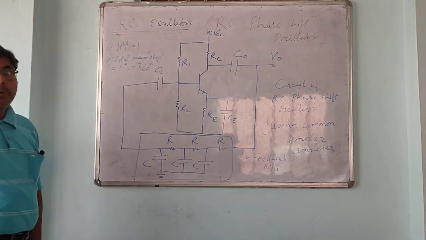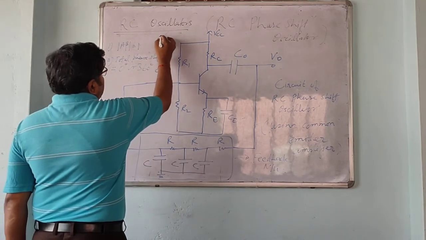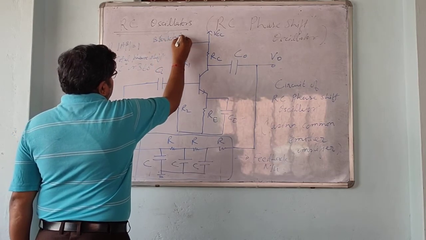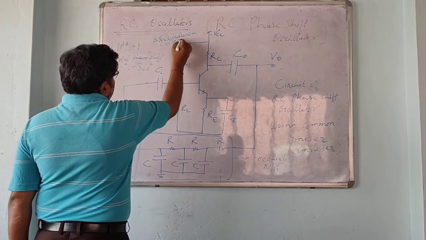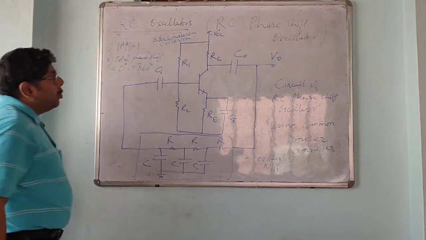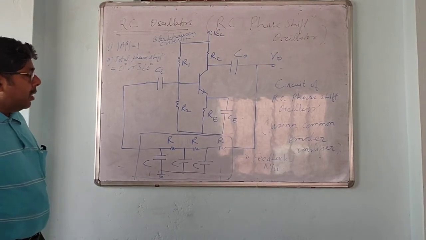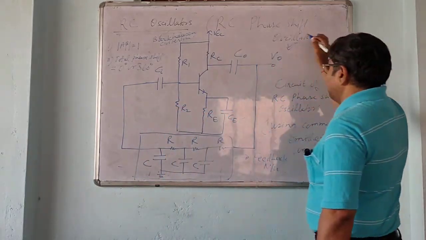These are two basic conditions called Barkhausen criterion. These two conditions must be satisfied for this circuit to work as an oscillator.